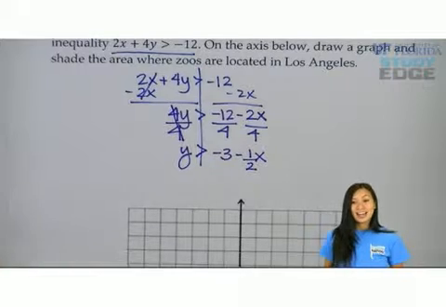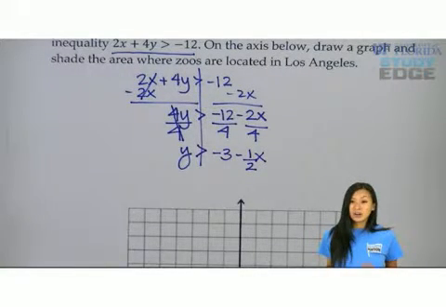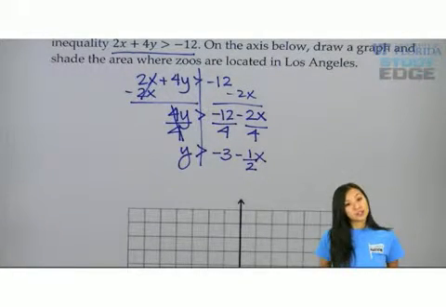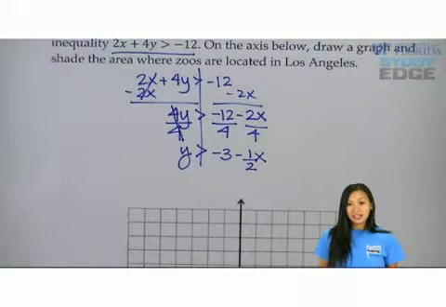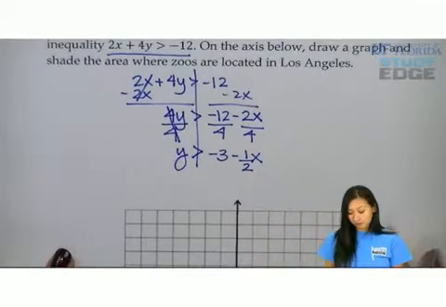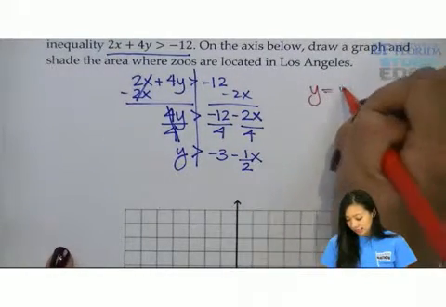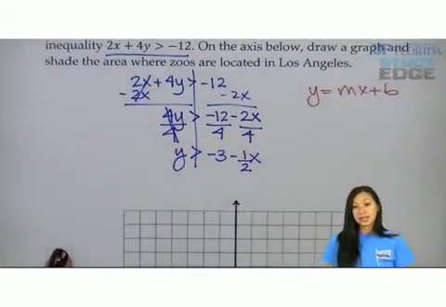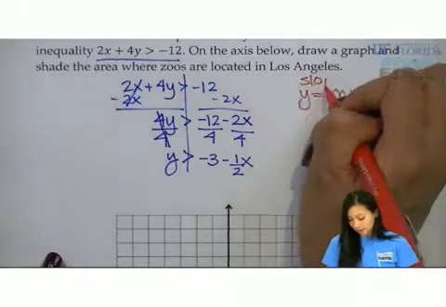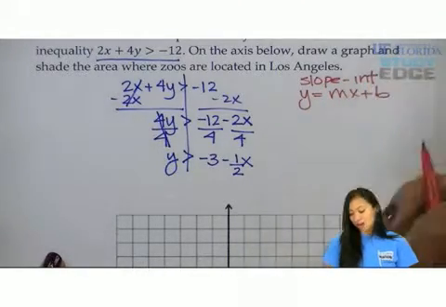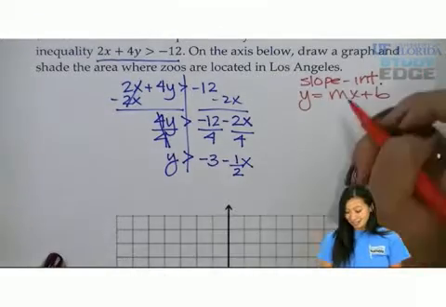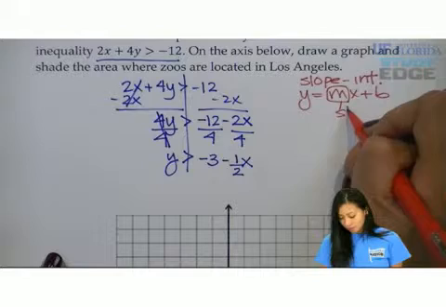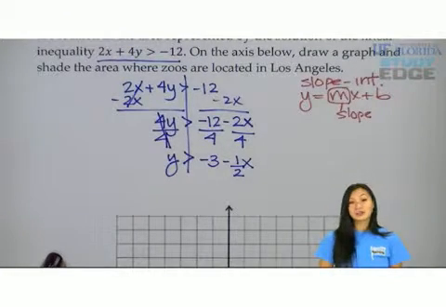All right, now that I solved for y, how could I look at this and figure out what's my slope, what's my y-intercept? Well, if you don't remember, you might think this looks a little bit familiar. It looks like y equals mx plus b, our slope-intercept form. If you don't remember this, this is on our reference sheet. Our reference sheet tells us that m is the slope, and m is always next to x.